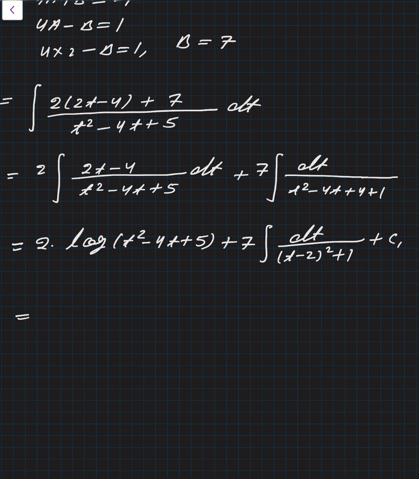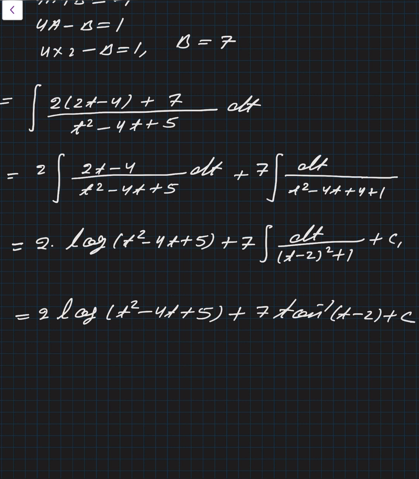After that, 2 log of that, and that one is 7 tan inverse t minus 2, plus a final new constant c.